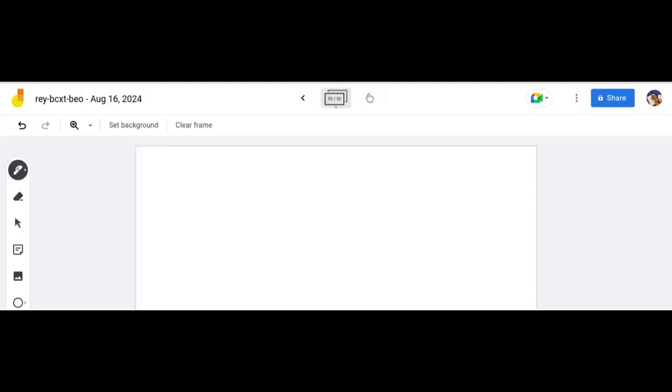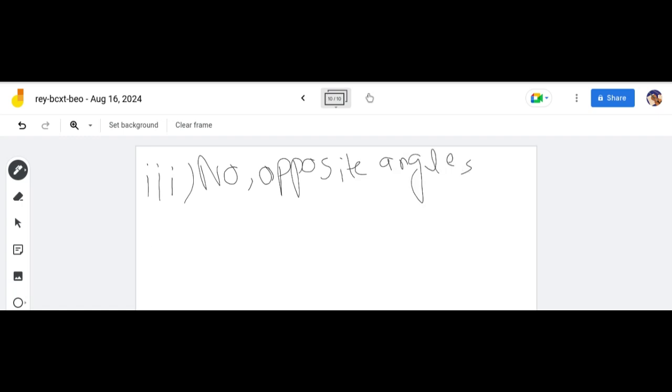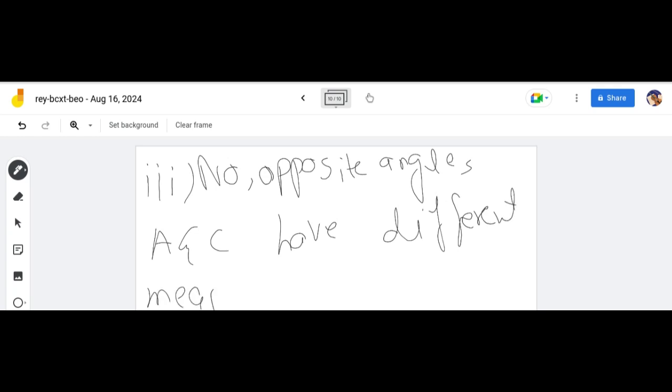So this is the third part answer: opposite angles A and C have different measures. Done? Yes.